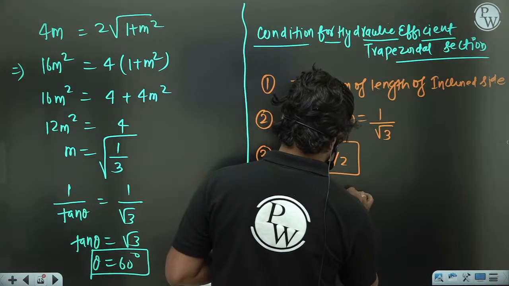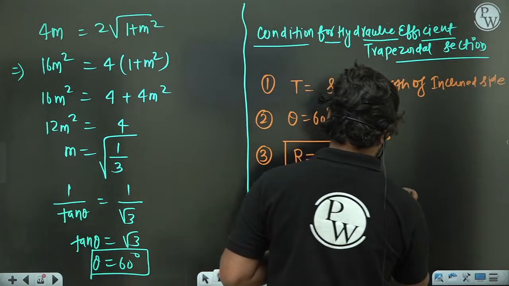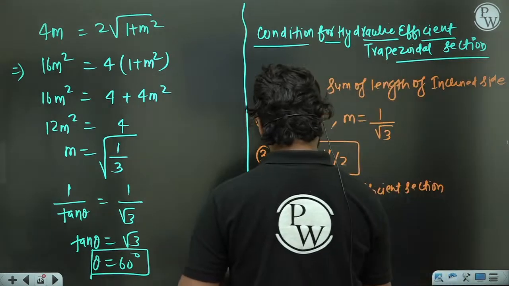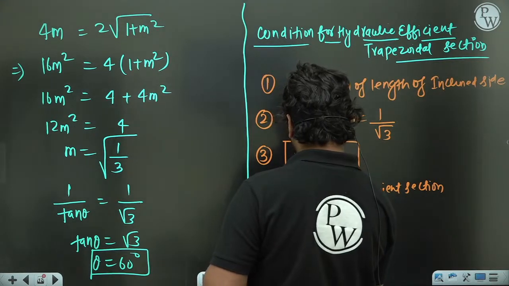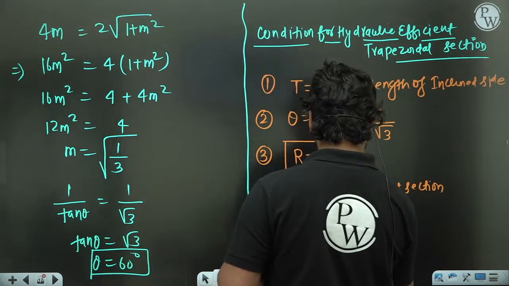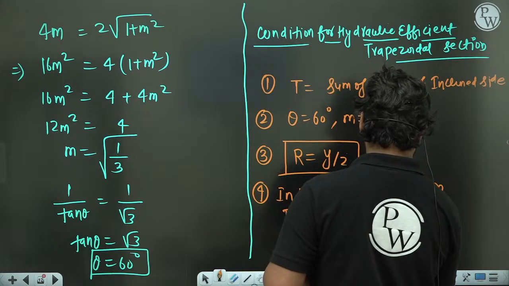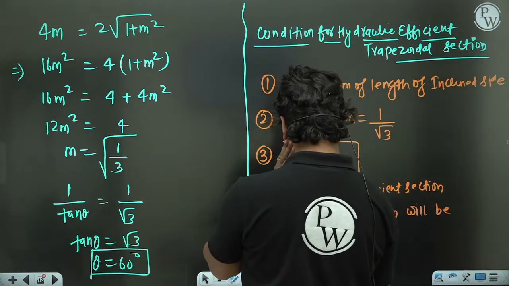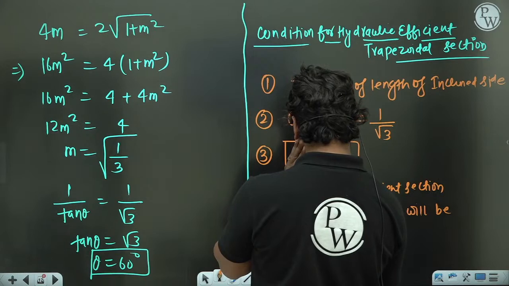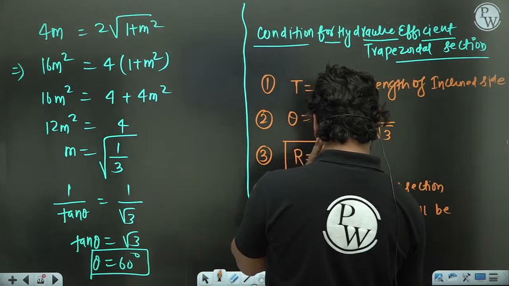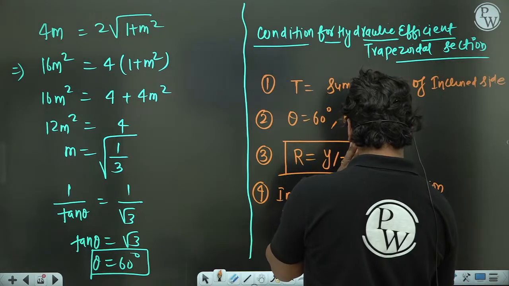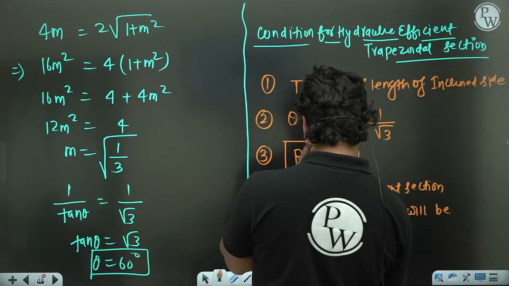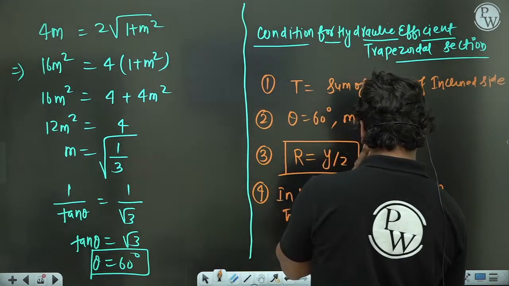In hydraulic efficient section, trapezoidal section will be a half of a regular hexagon.